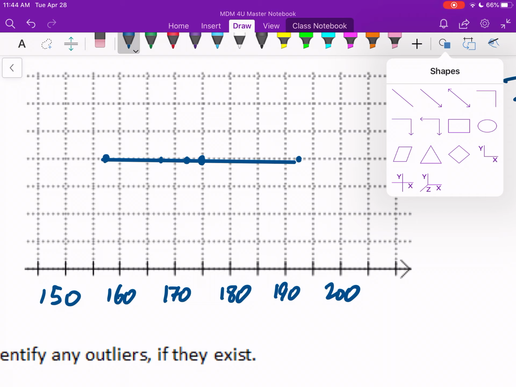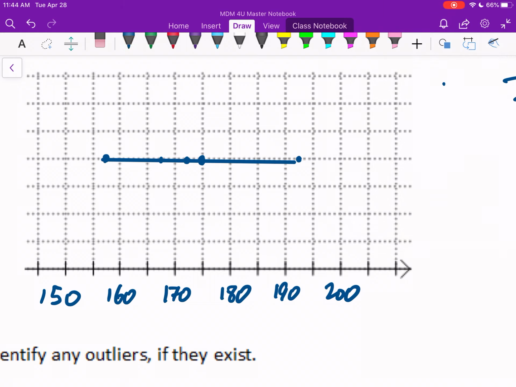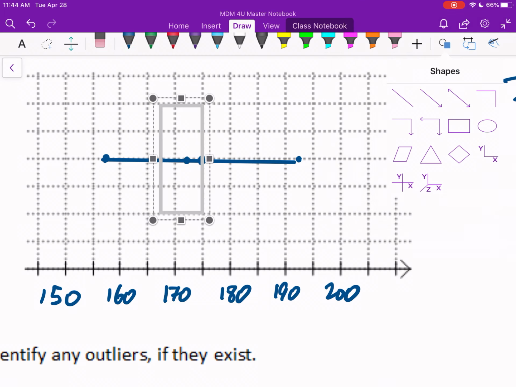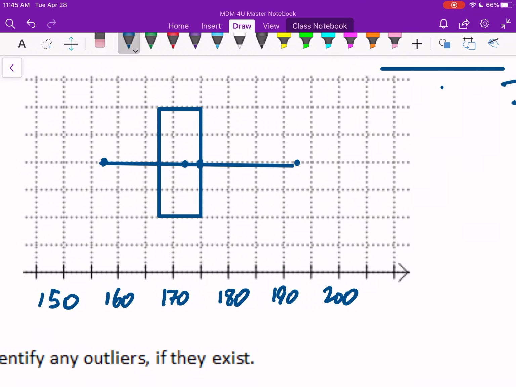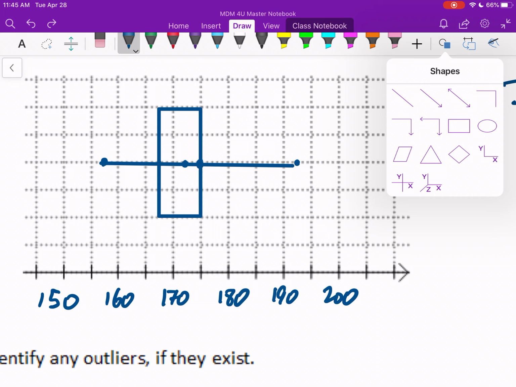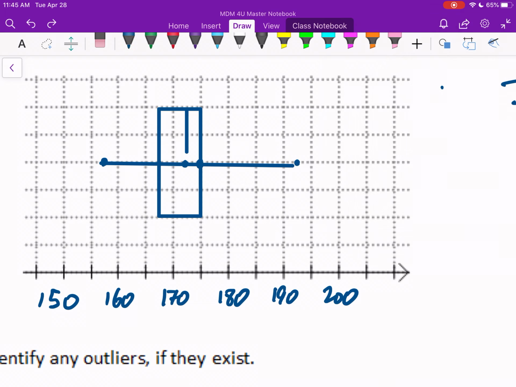It's not my choice, I just have to go with what I've got. So I'll start with a box over here on the lowest one, go over to the highest one, which was Q3, and add my line in for the median, which was about here. And there's my box and whisker plot.